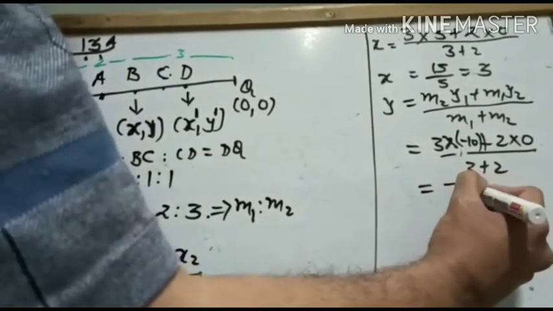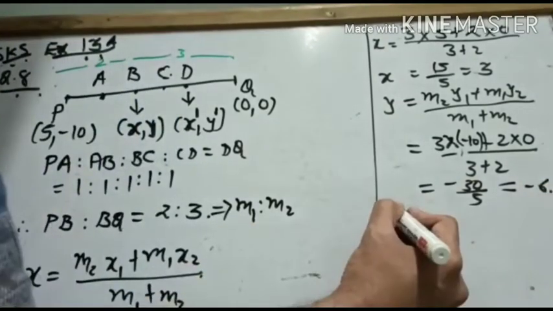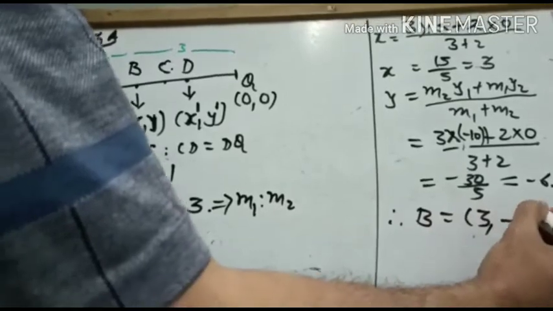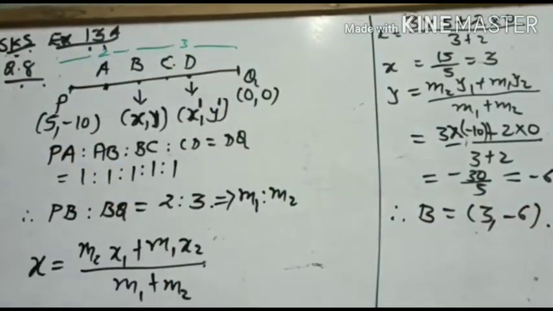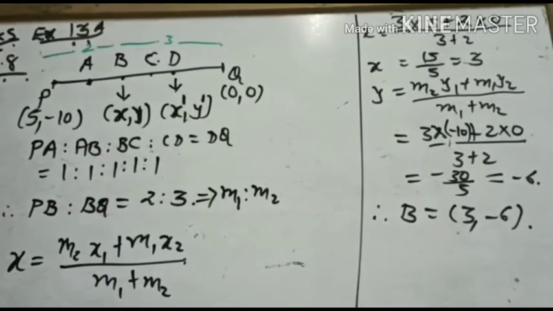So it will be negative 30 over 5, which is equal to negative 6. So the coordinates of point B are (3, -6). Still we are supposed to find the coordinates of point D. We shall find that also.